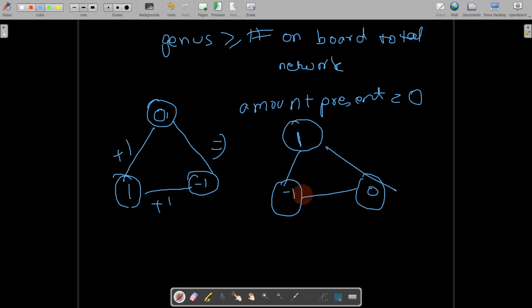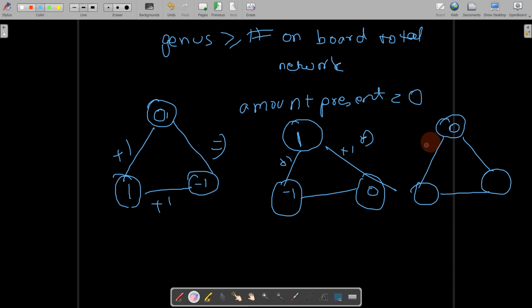Okay, again you play one more move. We send from here +1 and +1. What will happen? This will become -1, this will become 0, and this will become +1.